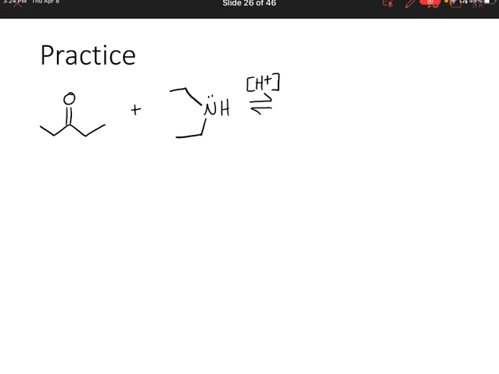I'm going to give you a ketone this time, and I'm going to give you an actual amine, not just a generic one. So this amine has 2 ethyl groups and a hydrogen. Again, we're going to use that same buffer.